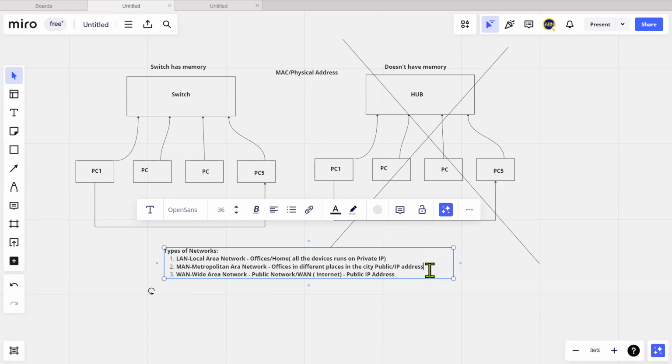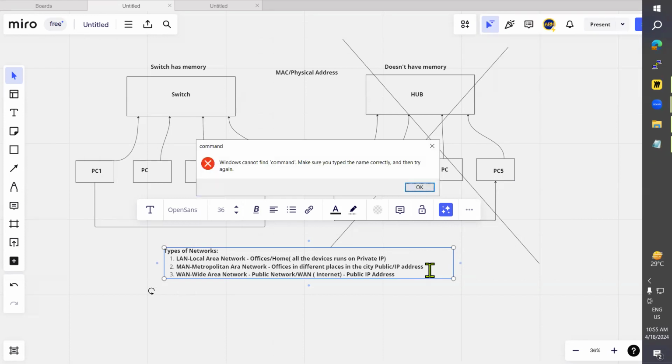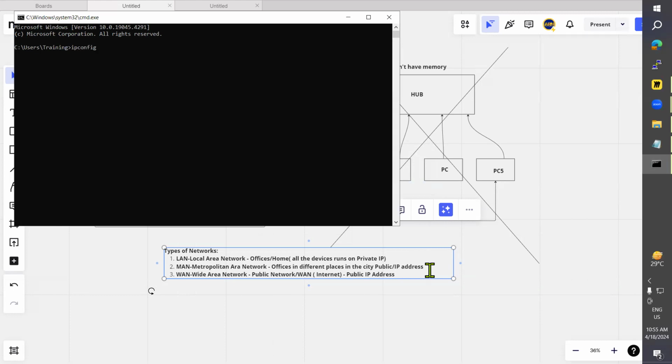So now let's take an example. You are sitting at your places, I'm also sitting at my place. All the computers are connected in this meeting, right? But if you check your computer, your computer is using a private IP address. Let's check my computer. ipconfig /all.